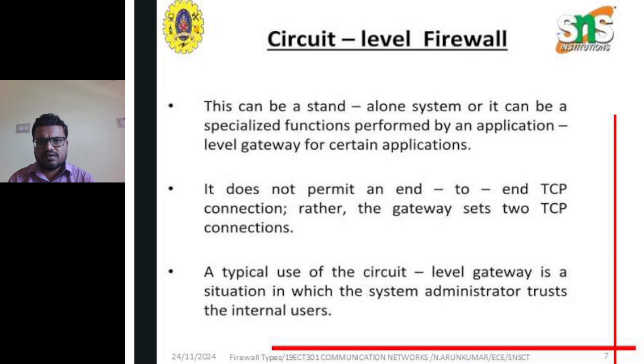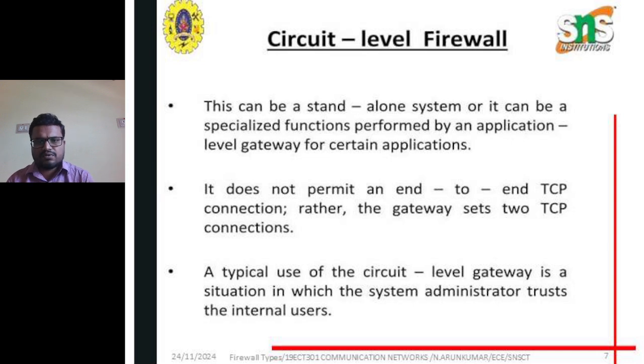Circuit level firewall. As I have already told, there may be a wired or wireless connection. Initially, if it is a wired connection, we need to check the TCP/IP model, because the Transmission Control Protocol is used for sending data over a wired or wireless medium, because all the data are forwarded from one IP address to the next source with the help of gateway processing. The gateway is nothing but a firewall.